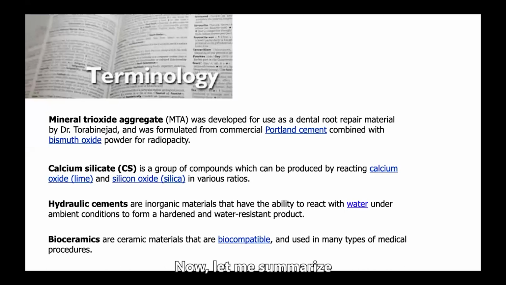Now, let me summarize the definition of each terminology. Mineral trioxide aggregate is a cement formulated from Portland cement combined with bismuth oxide powder. Calcium silicate is a group of compounds which can be produced by reacting calcium oxide and silicon oxide in various ratios.